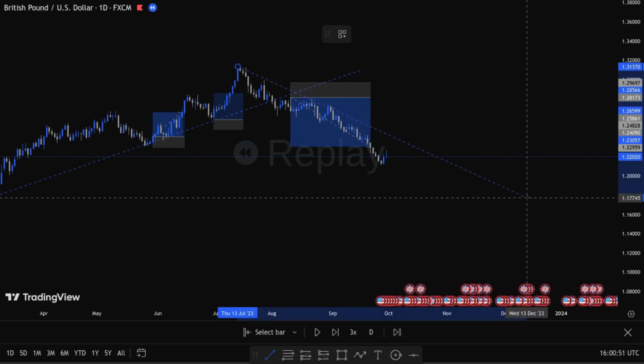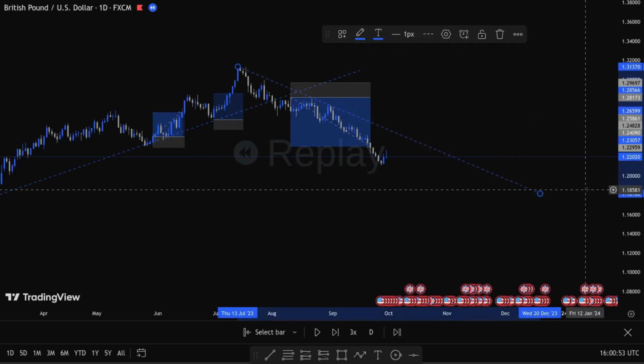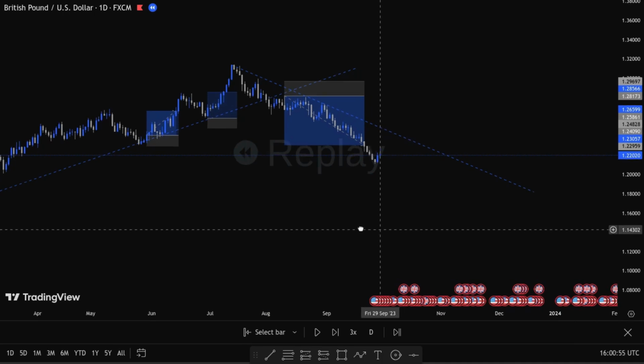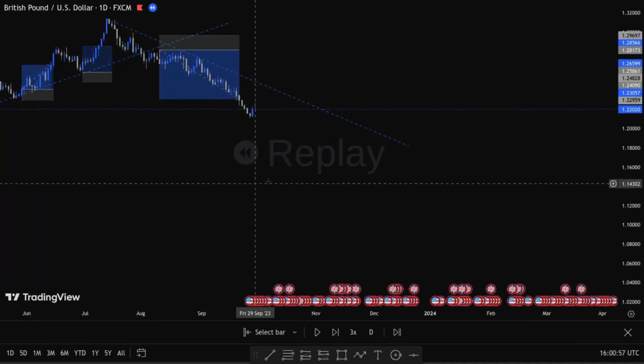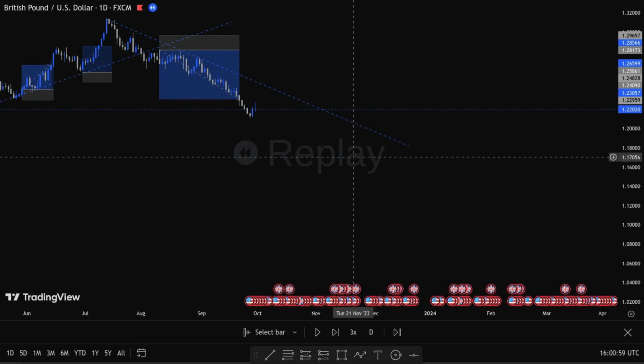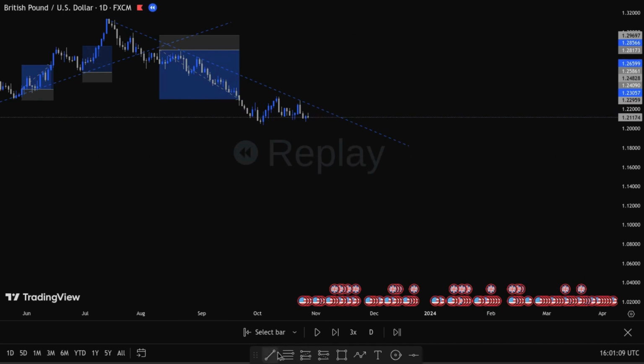You can draw your trendline here like this, then wait for price to come and test that trendline. You wait for candlestick confirmation. If price has not touched your trendline, don't enter the market until price touches your trendline. Before you enter, you put your entry around here.